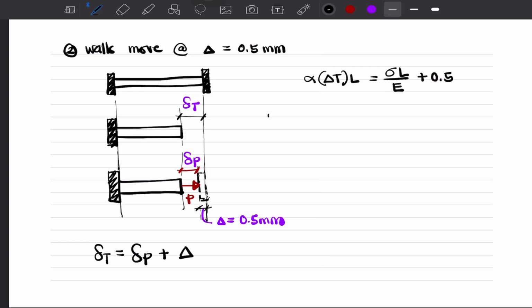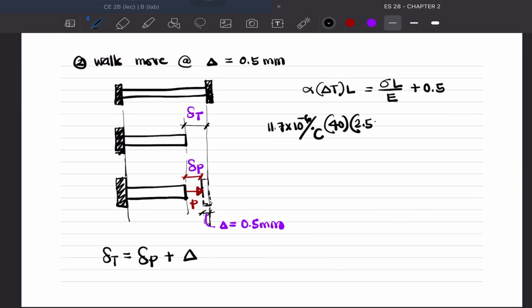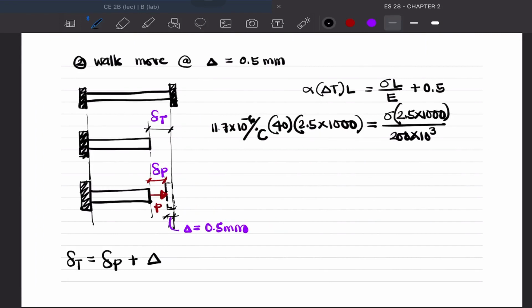Our alpha is 11.7 times 10 to the negative 6 per degree Celsius times 40 times L. What is L? 2.5 times 1,000, because 2.5 is in meters, so we convert it to millimeters, equals stress times 2.5 over 200 times 10 cube, for megapascal, plus 0.5.